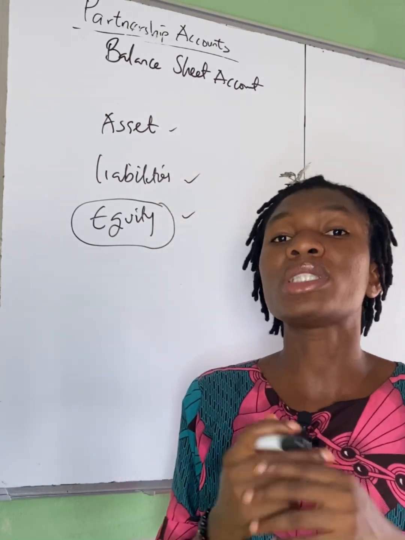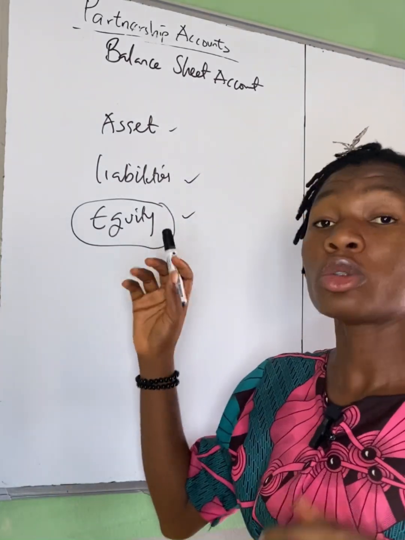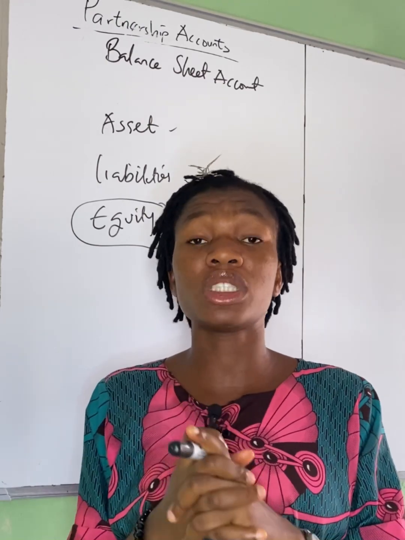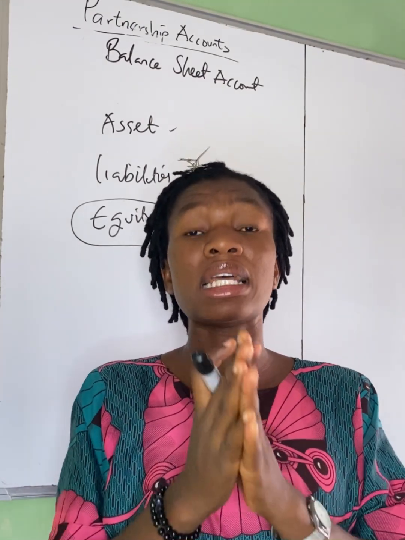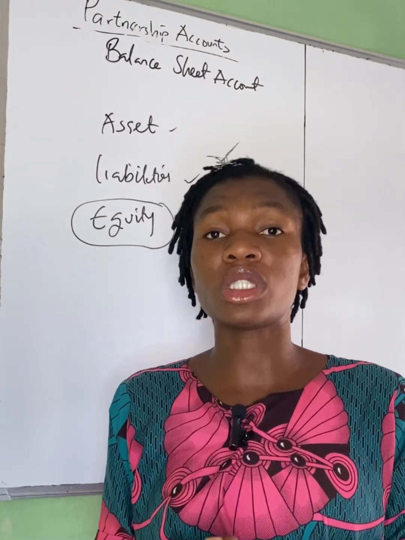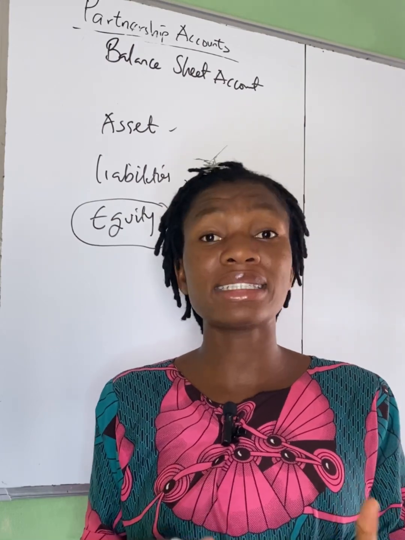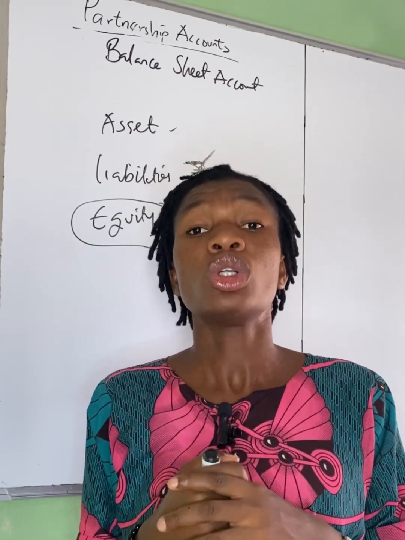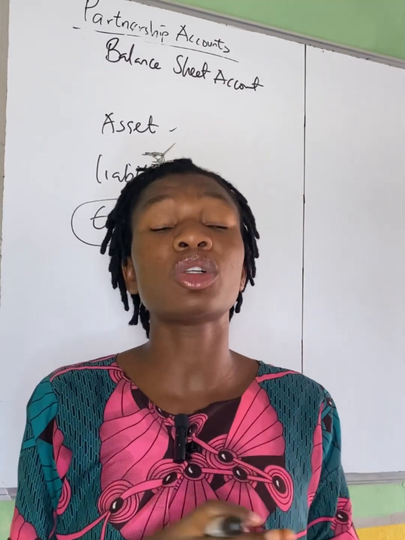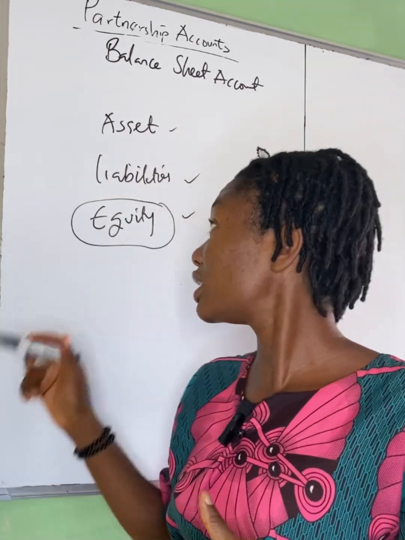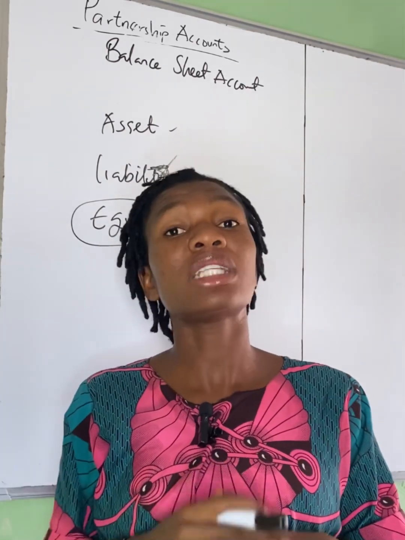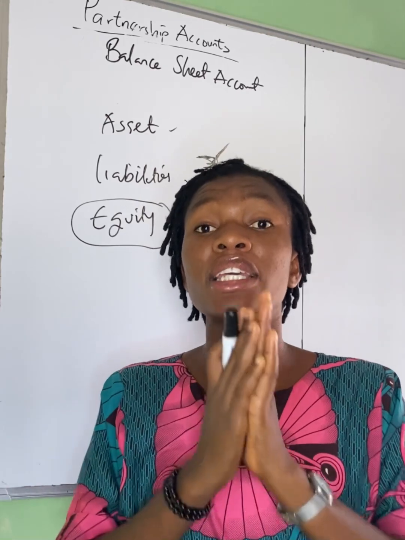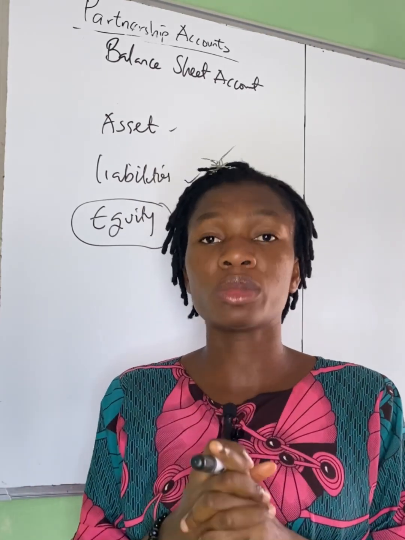So we can only work with our extract to prepare the balance sheet using the equity, because that's just the information that we are able to get from the illustration. Like I said, it's more like a bit of a revision. So we're going to be preparing a balance sheet, but this time around we'll only be revealing the equity segment because that's the only information that was given from the illustration.